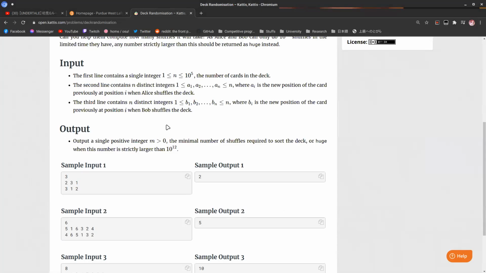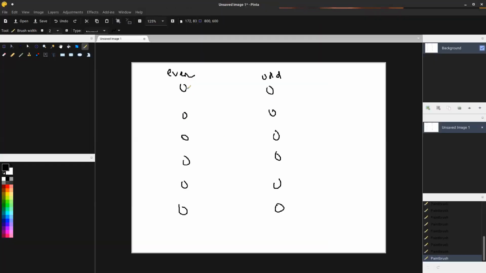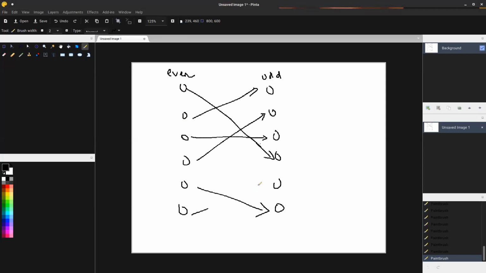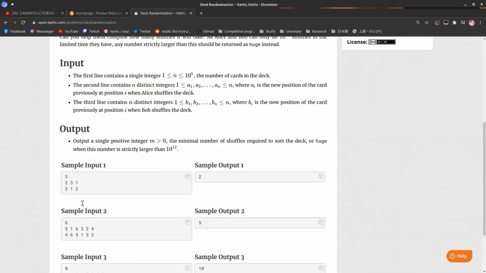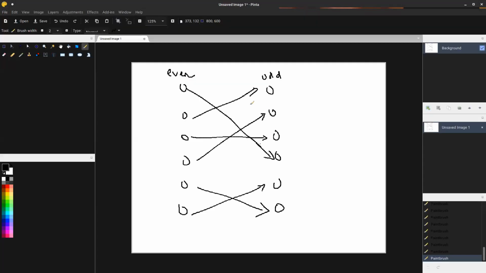So from Alice's permutation, I can construct where each of the cards in the even layer ends up in the odd layer. It's something kind of like this, I guess. And similarly, with Bob's permutation, I can represent that as edges going from the odd layer to the even layer. So I won't draw that out.